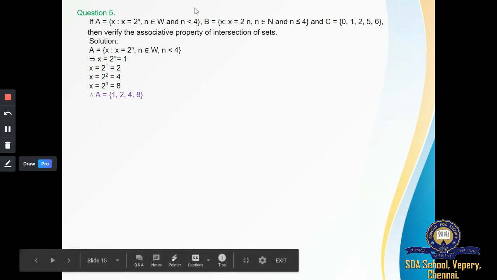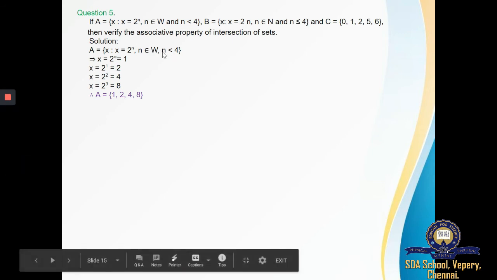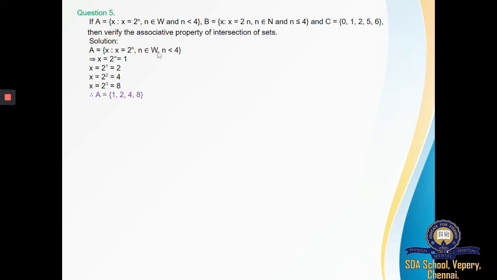Alright. So let us first find the set A and B in the roster form. Before proceeding, what they have given is x equal to 2 power n. They have also told us that this n belongs to a whole number and this n is less than 4. Now, n belongs to whole number means it starts from 0.